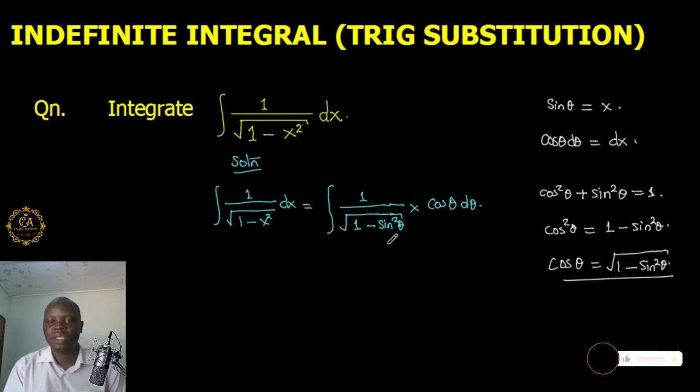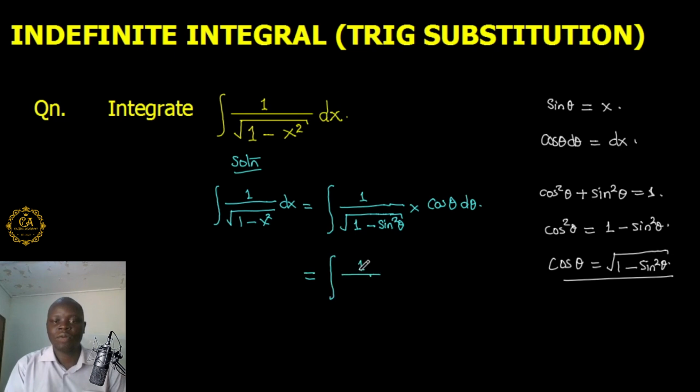Based on this, we can recognize that the square root of 1 minus sine squared theta is simply cos theta. And with this, we can move on and replace our denominator with cos theta.